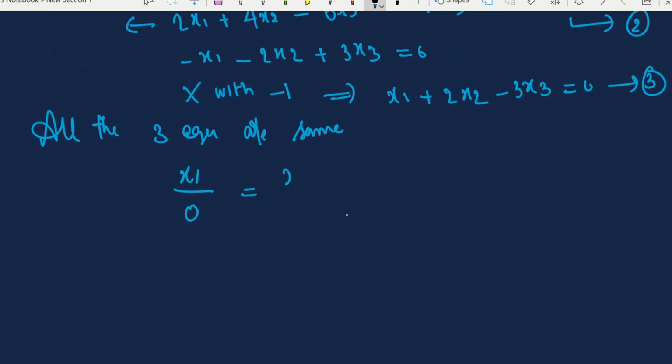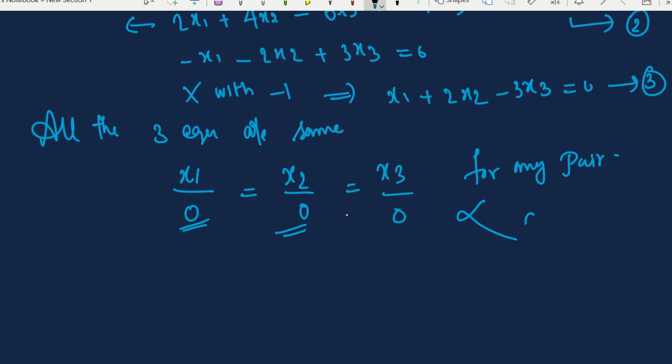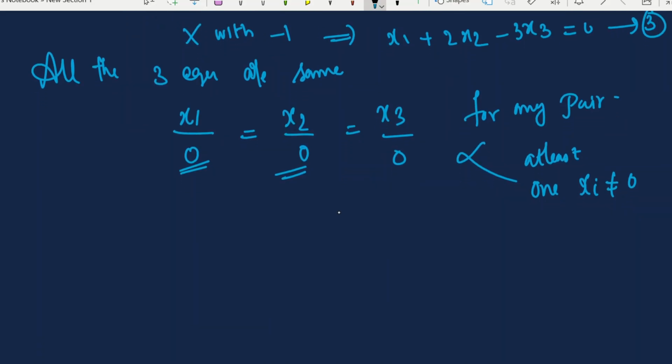Definitely you will be getting x1 as 0, x2 as 0, x3 as 0 for any pair, because all are the same. So this is absurd. You should get at least one non-zero value, at least one xi not equal to 0, because in the definition of eigenvector, it is a non-zero vector. Non-zero vector means at least one non-zero entry should be there.